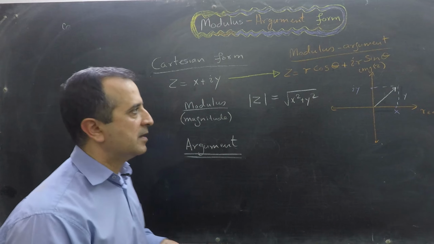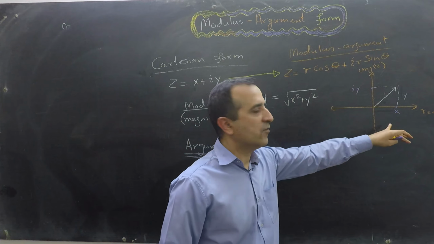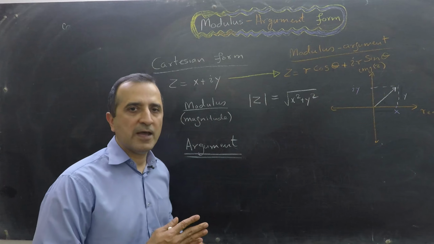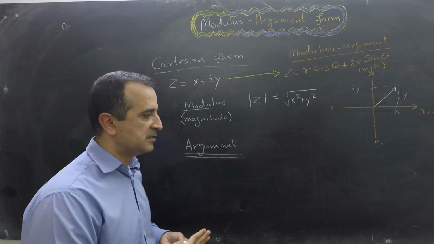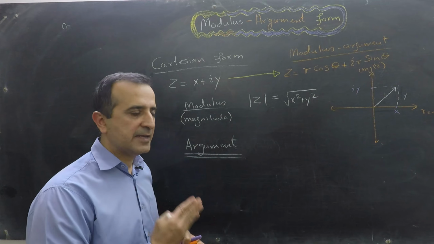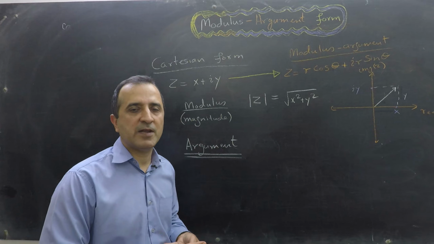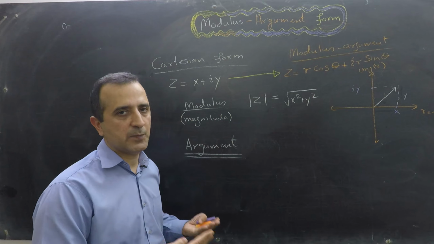It can be in the first quadrant, second quadrant, third quadrant, or fourth quadrant. So based upon the quadrant, we want a value of argument which is between minus pi and plus pi. Such a value, which is between minus 180 and plus 180, is called the principal argument.